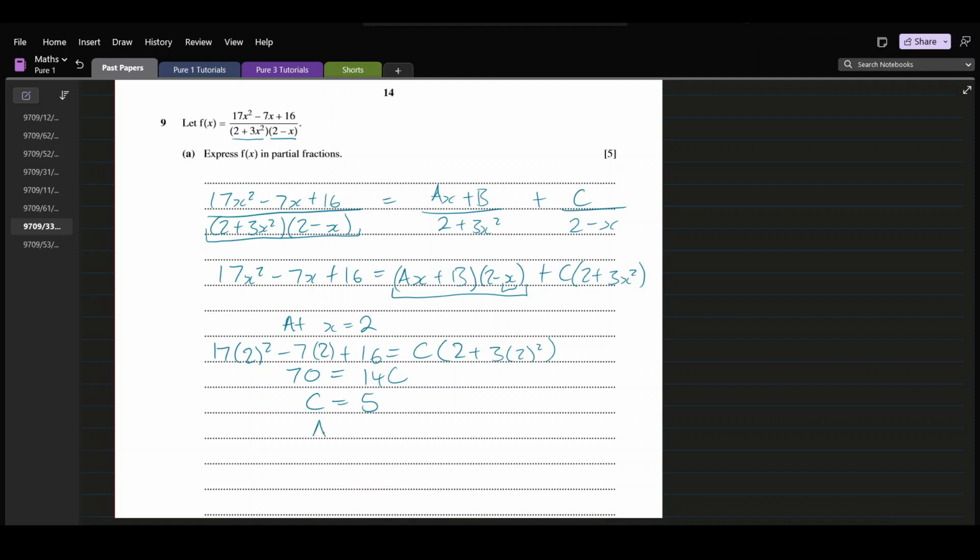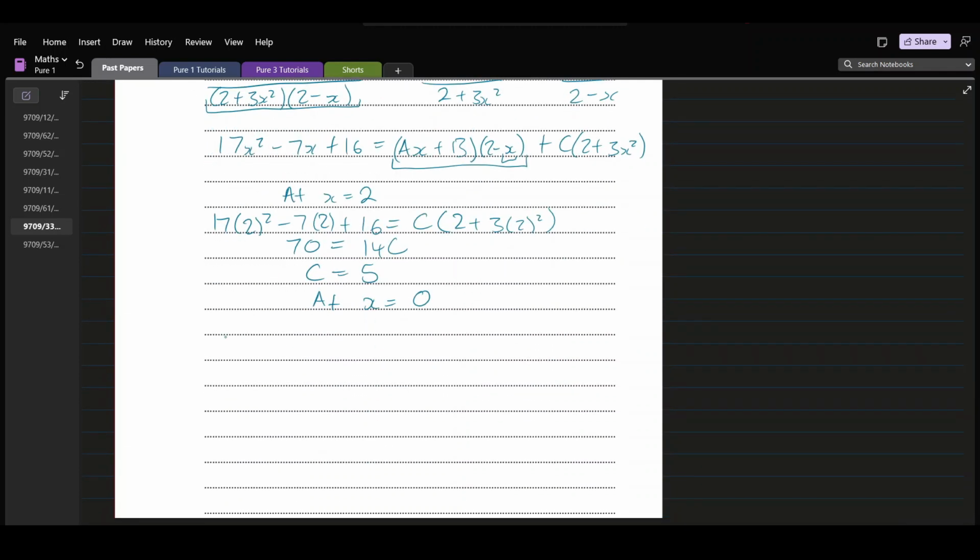And now let's evaluate x equal to 0 to allow us to evaluate b. So this becomes 17 times 0² minus 7 times 0 plus 16 is equal to (ax + b) times (2 − x) plus c, which we evaluated to be 5, times (2 + 3 times 0²).